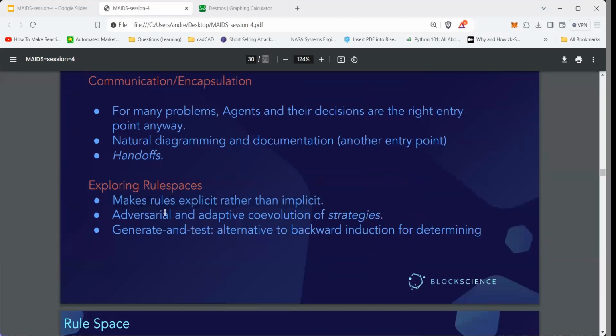This makes it easier to search for adaptive and adversarial strategies, especially in situations where it may be difficult to work with some of the formal techniques for finding Nash equilibria. If we just generate a bunch of different strategies and see what happens, this is a way of doing that easily, which can be an alternative way, kind of a bottom-up way to get to the same place that we might with backward induction.